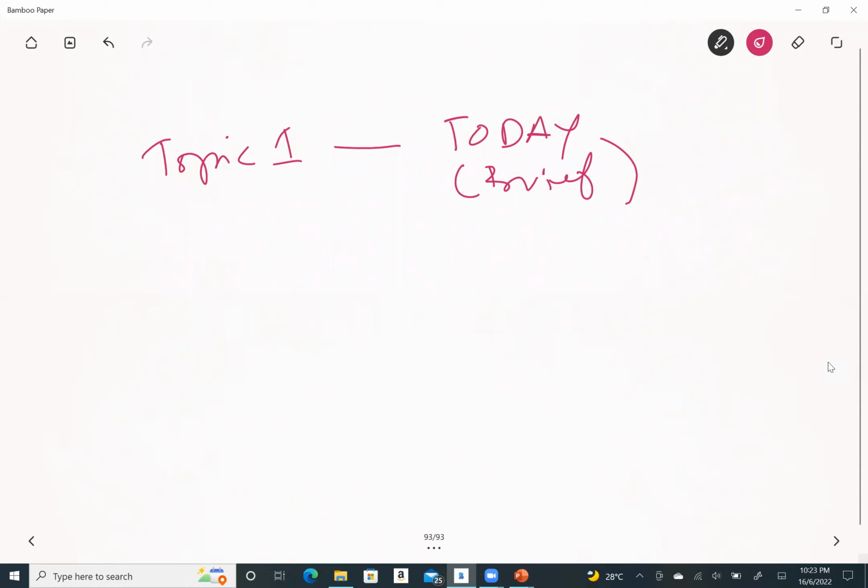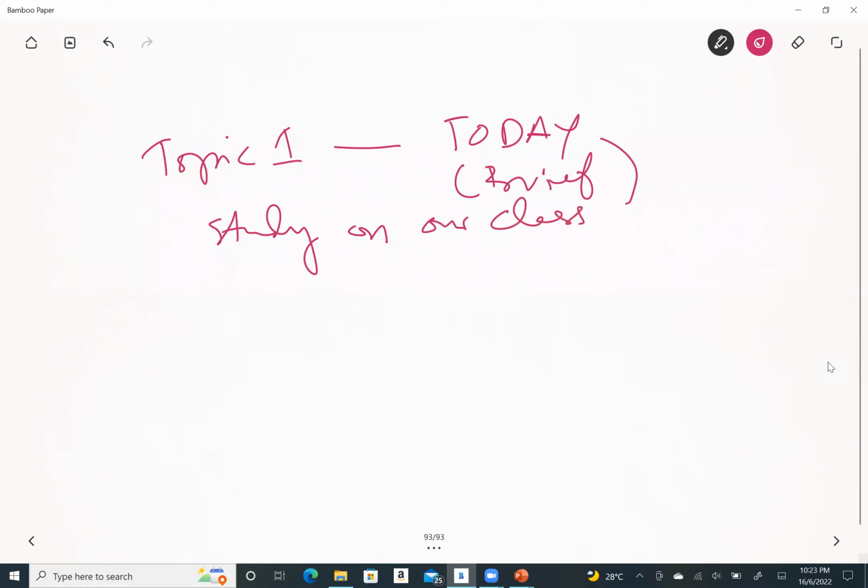And then for the chapter number 10 in the book, you can read it because it's a readable concept. Other than that, you study based on our class discussion.